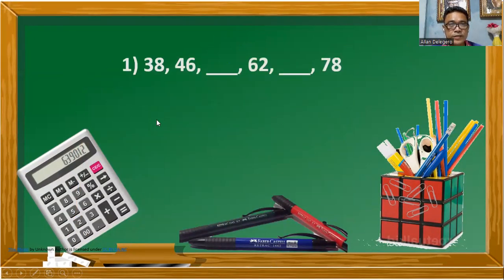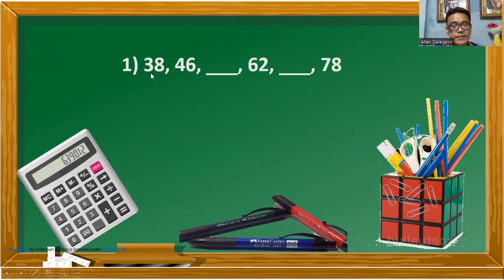Okay, let's do this. Number 1: 38, 46, blank, 62, blank, 78. Okay?